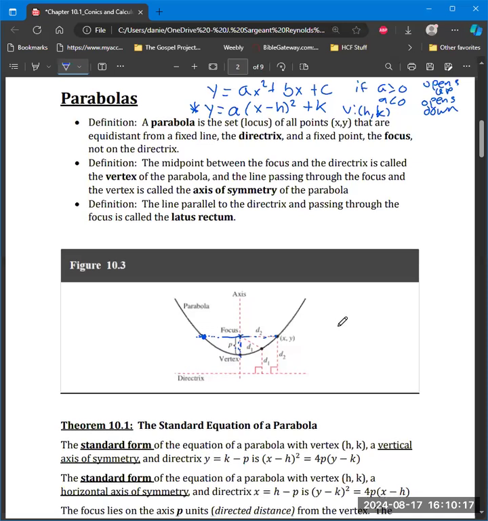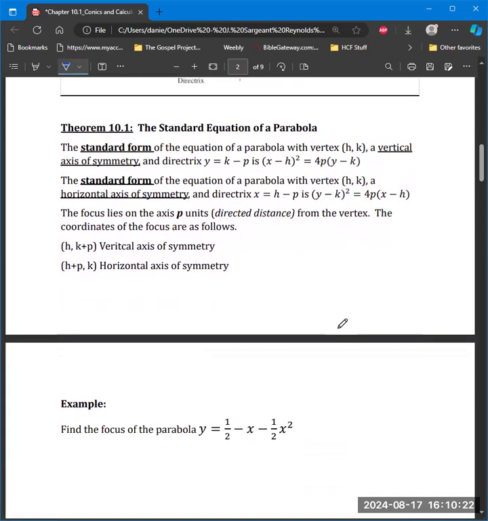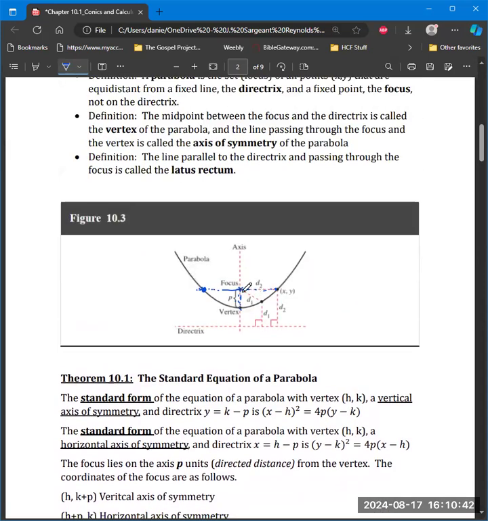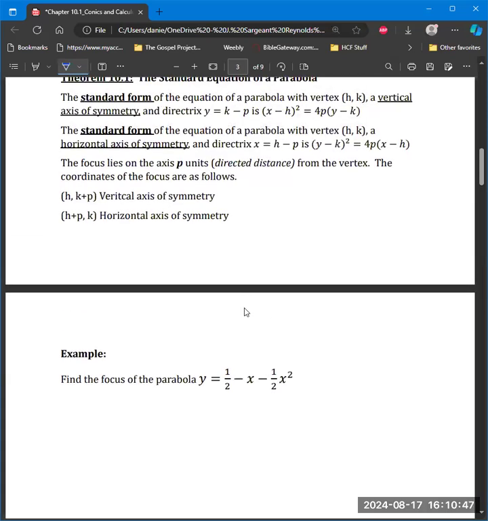All right, let's go ahead and look at the standard equation of a parabola. The standard form of the equation of a parabola with vertex (h, k), a vertical axis of symmetry, and a directrix of the form y equals k minus p, where p is the distance between the focus and the vertex, is given as (x minus h) squared equals 4p times the quantity (y minus k).